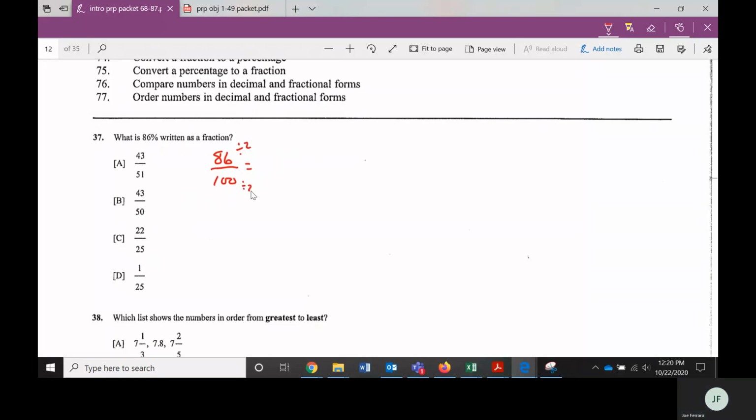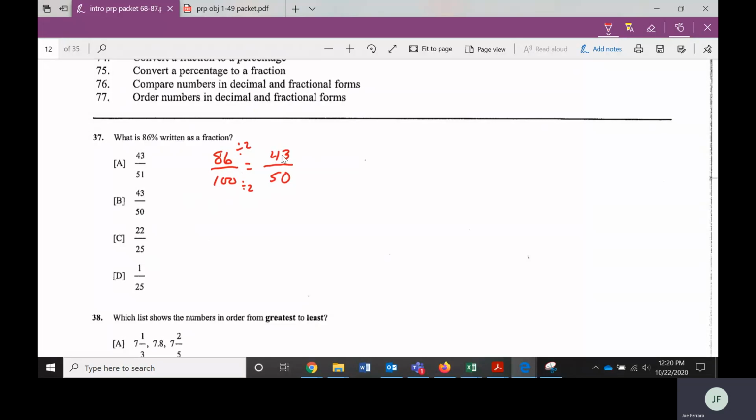So then we divide the top and bottom by 2. So 86 divided by 2 is 43, and 100 divided by 2 is 50. Then we could look here and see if another number goes into both, but for 43, there's no other way to get 43 besides 1 times 43, because 6 times 7 is 42.